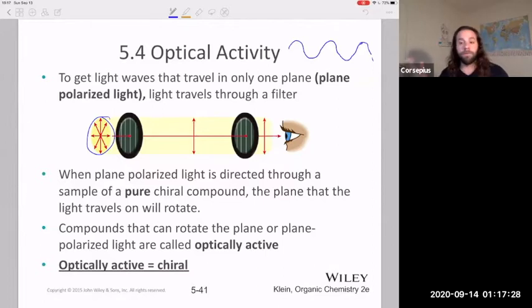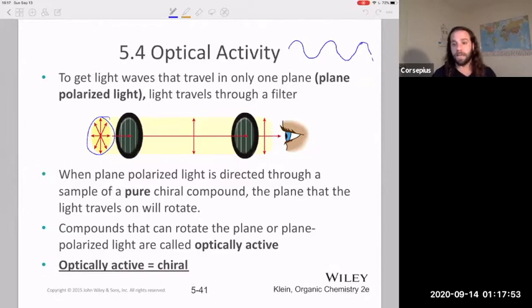Then you put it through a filter. This is a special polarizing filter. And what that does is filter out all of the light except for the light that's coming in one direction, right? So it's coming out of the light source and it's coming here, here, here, here, here. And then it goes through this filter and the only one that's left is the one that's straight up and down. This is what's called polarized light. If you have fancy polarized sunglasses, this is what they're doing.